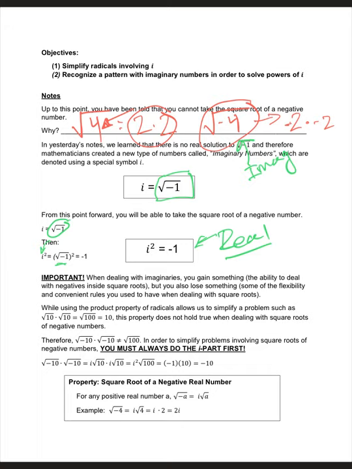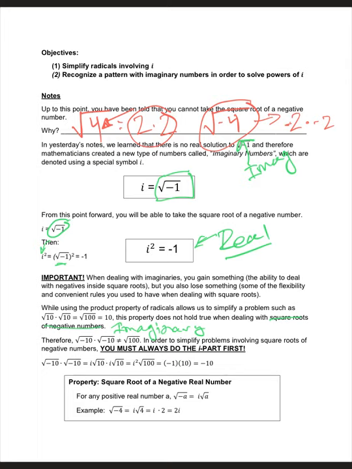While using the product property of radicals allows us to simplify a problem, such as square root of 10 times square root of 10 equals square root of 100 equals 10, this property does not hold true when dealing with square roots of negative numbers, or another way to put that is when dealing with imaginary numbers, okay?